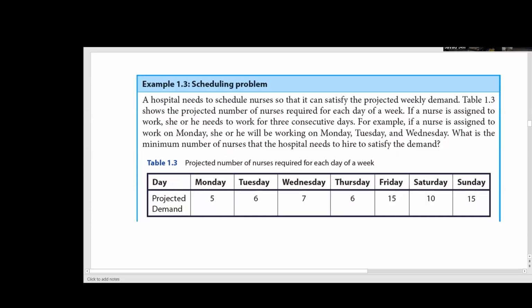But how do you check to see if 21.3 is enough? I am making an intentional mistake when I say just hire.